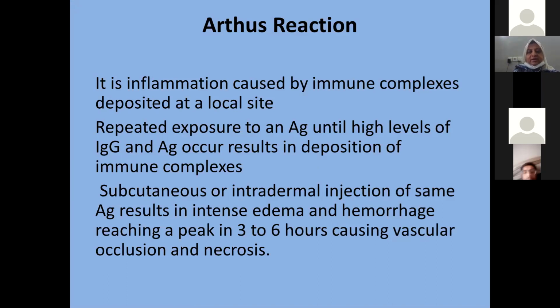These complexes get deposited in various parts of the body or at a local site. If the same antigen is injected, intense edema and hemorrhage occur that reach a peak in 3 to 6 hours, and cause vascular occlusion and necrosis.